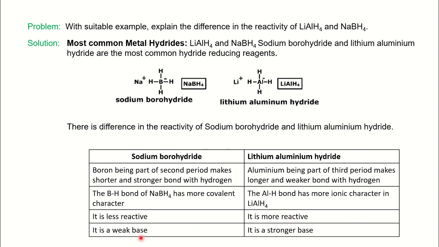Sodium borohydride is comparatively a weak base, while lithium aluminum hydride can transfer hydride easily, and because of the rich electron density on the complex, the hydride ion acts as a strong base.